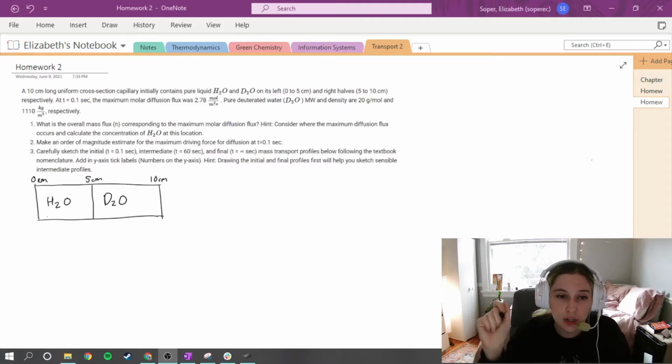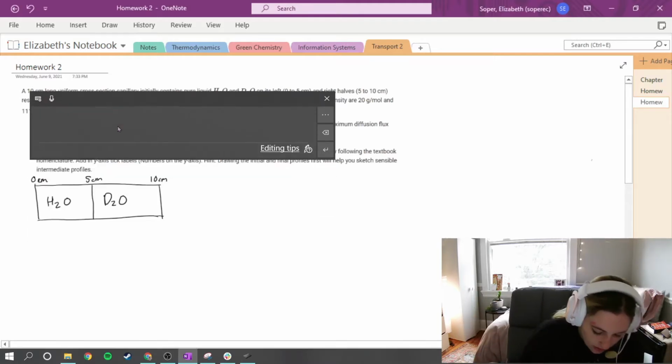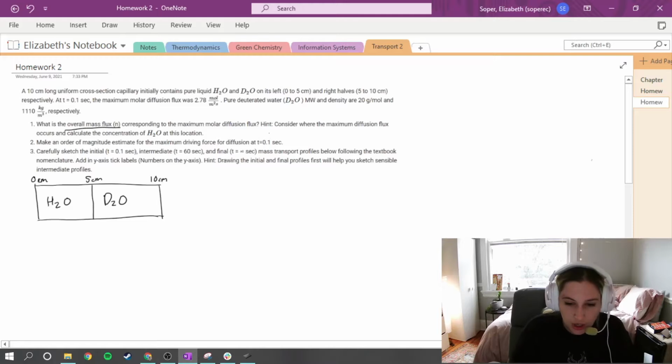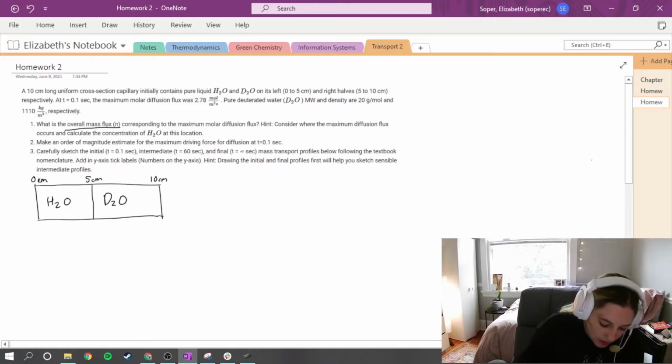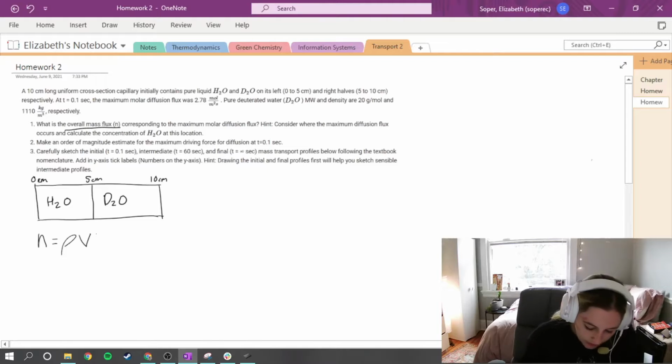So first we are looking for the overall mass flux N corresponding to the maximum molar diffusive flux. So overall mass flux N we know is equal to the total mass concentration times the total mass average velocity for this situation.